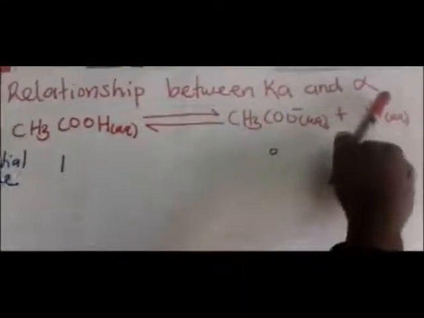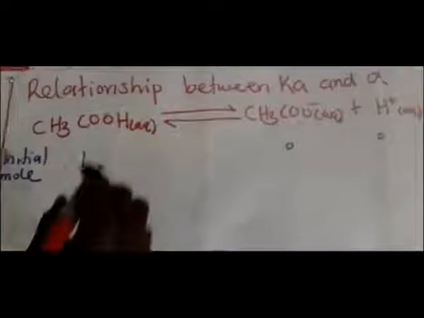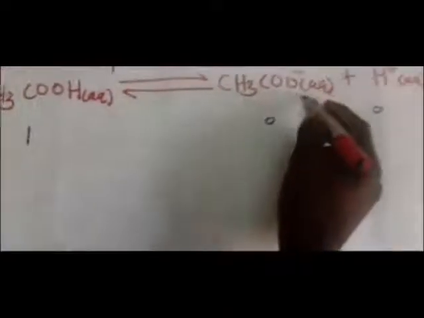So let's look at the relationship between Ka and degree of ionization. Let's consider ethanoic acid in solution is going to ionize to ethanoate ions and hydrogen ions. If we consider the initial mole, it's going to be 1 for the reactant, and the products we shall not have any at the start of the reaction.